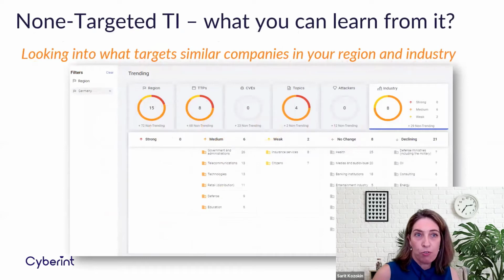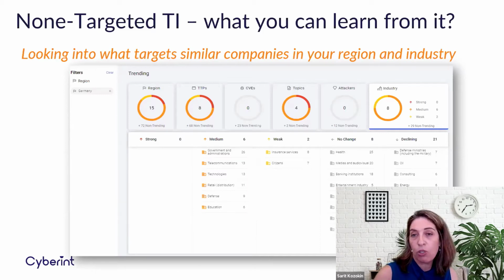Another example of what you can learn from non-targeted TI, looking at the same module, is what targets similar companies in your region and industry. In this case, you can see a drill down from the news ticker where we filter by Germany, and we can look at the industries that are trending under Germany.